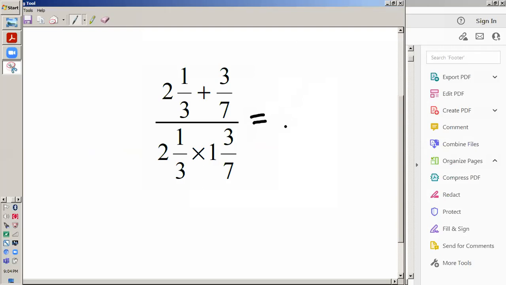Okay, so 23 over 3 plus, and you're going to put back the 3 over 7. Common factor, common multiple. We keep one as a factor. Hold on, I'm going to go back in my book.